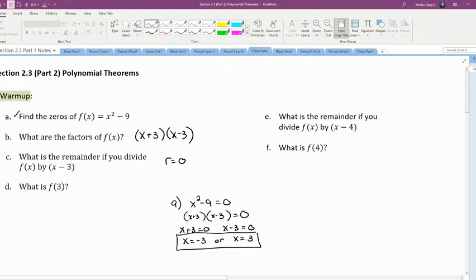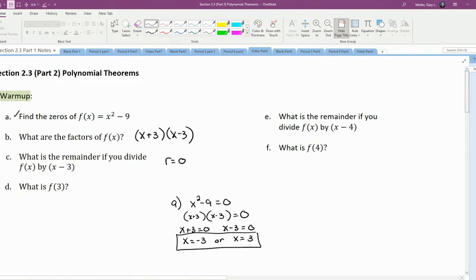All right, so what is f of 3? Well, we already determined that f of 3 is a 0 of the function. Why is f of 3 a 0 of the function? Because it came from x minus 3 equals 0. And why did we care about x minus 3 equaling 0? It's because that was a factor.